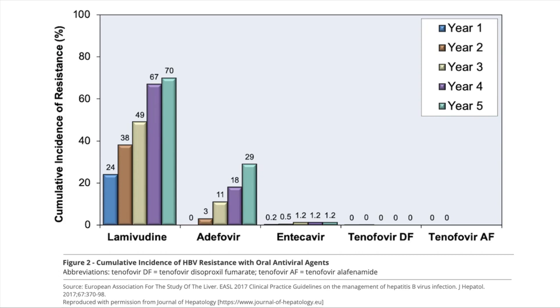So people have multi-year successful virologic suppression without resistance breakthrough on entecavir, tenofovir in both formulations. There used to be debates of whether we would give dual therapy or monotherapy for Hep B. For a non-complicated Hep B infection without HIV co-infection, monotherapy with one of these agents is appropriate and successful.